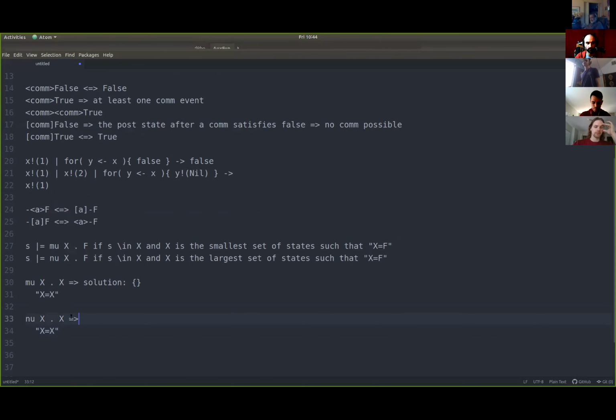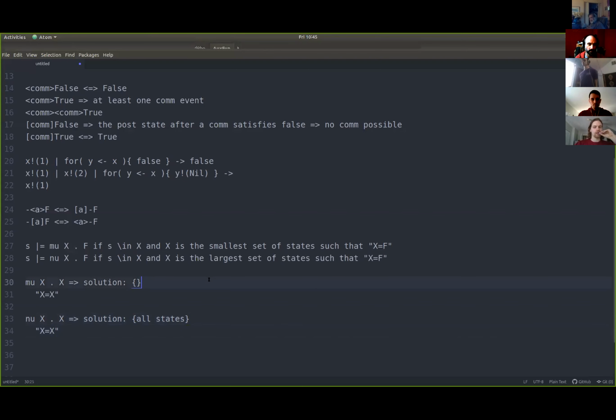So you might be able to convince yourself that the solution to this should be all states, the set of all states. So whatever transition system we're thinking of, if we were to ask what is the solution to this formula for that transition system, it would be all possible states in the transition system.